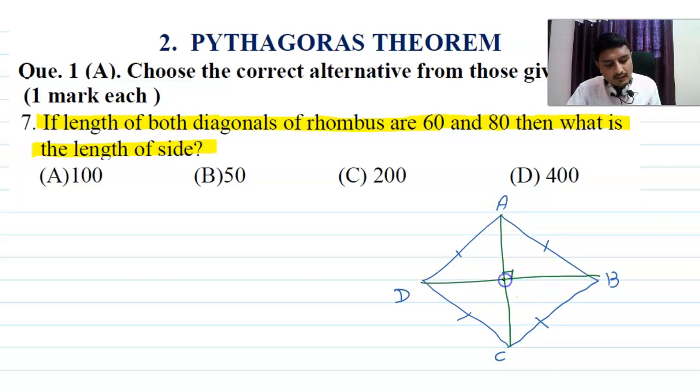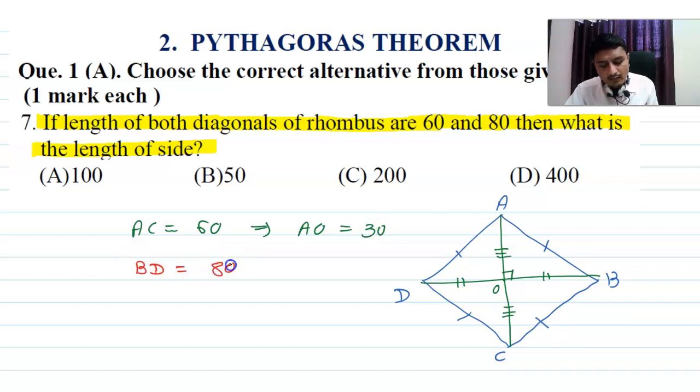That means if the two diagonals AC and BD intersect at point O, then we have OD equal to OB, and AO equal to OC. Since the value of AC is 60, that implies AO is half of 60, which is 30 units. Suppose the other diagonal BD is 80, then BO is half of 80, because O is the midpoint of both diagonals, keep in mind.